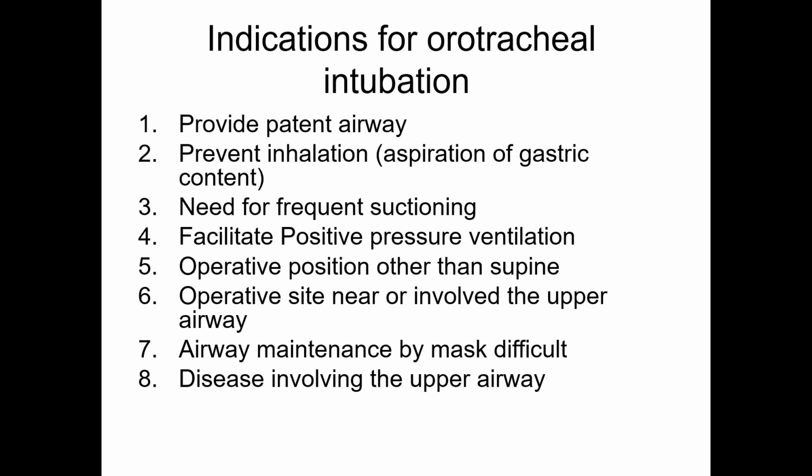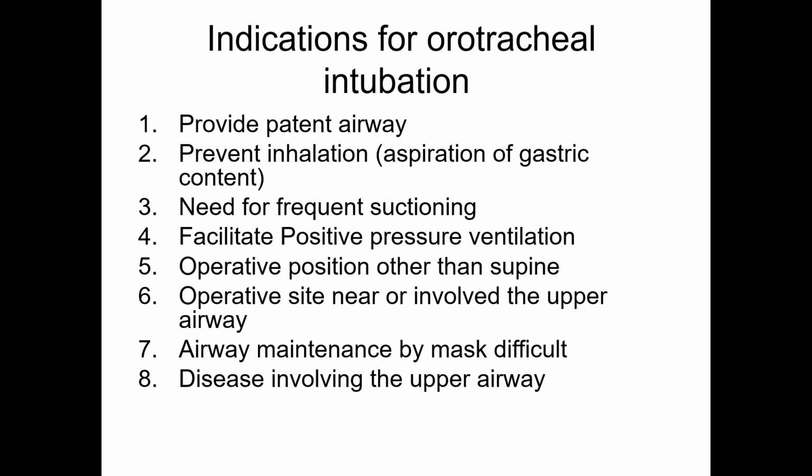What are the indications for orotracheal intubation? Provide a patent airway, as we said. When everything fails, we intubate the patient. A cuffed endotracheal tube is the only security for the airway, as this cuff will prevent aspiration of gastric content and all other materials in the mouth.